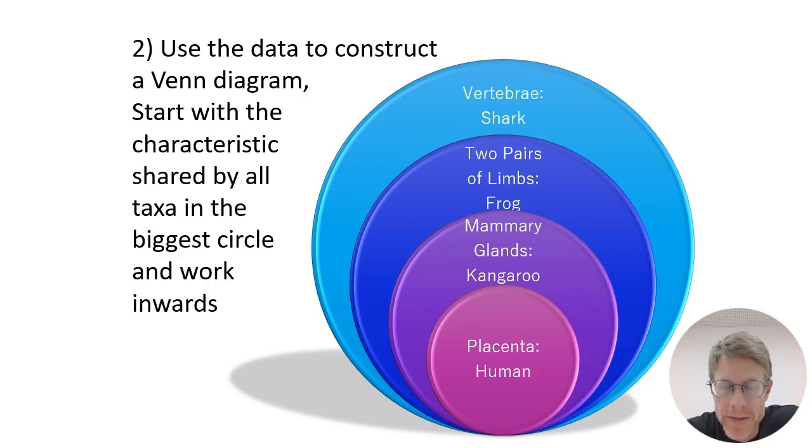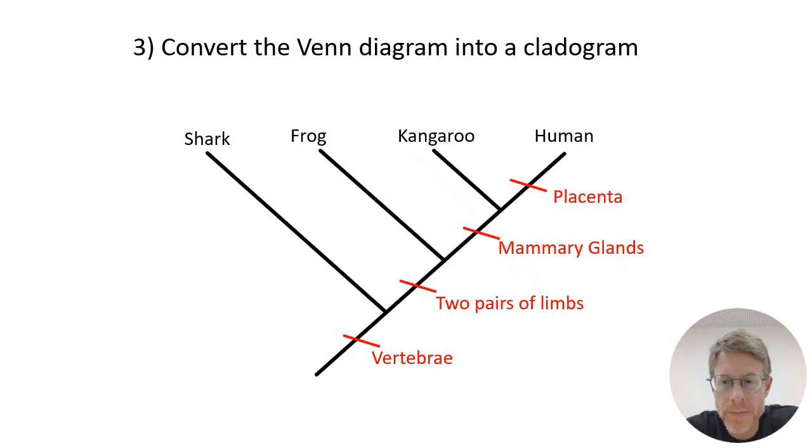So take a look at that, see if that makes sense. And then you just convert your Venn diagram into a cladogram. So it's the same information, but just organized as a cladogram. That can be a little confusing, but if you look at it carefully, I think it will make sense.